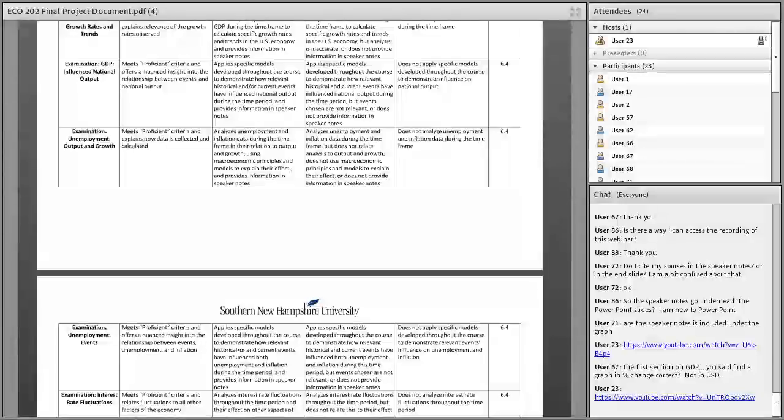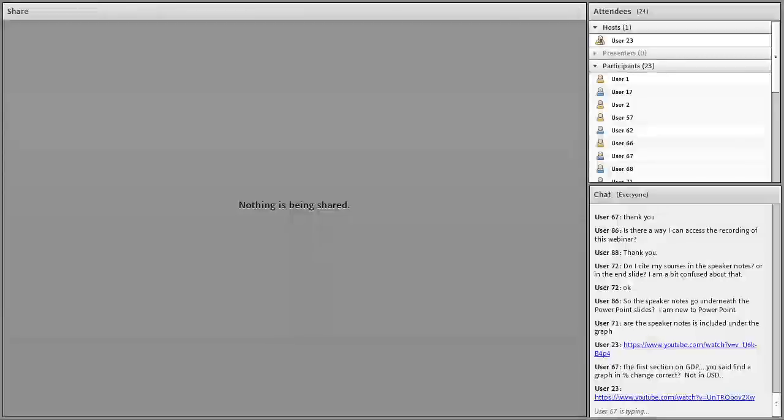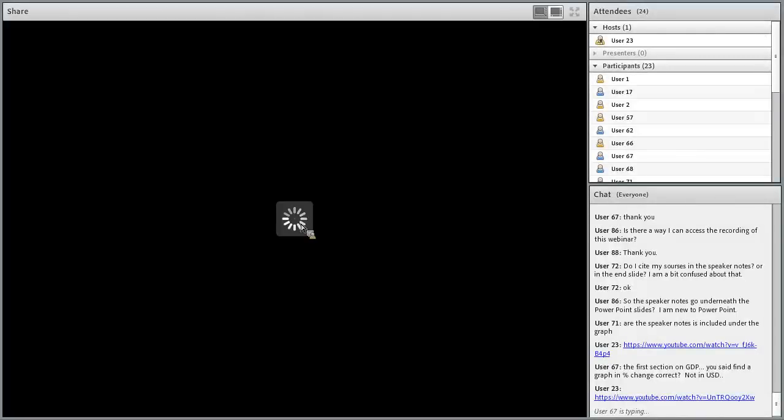Yes, Janice, when you go on FRED and you find your graph, you find your graph in billions of dollars, and then you can convert it in percentages, and then it will also let you export to PowerPoint. So when you export it to PowerPoint, you'll be able to paste it into a slide.